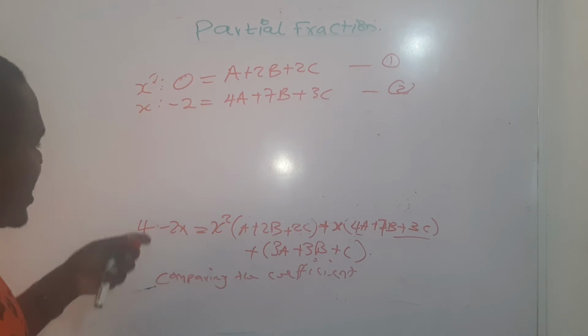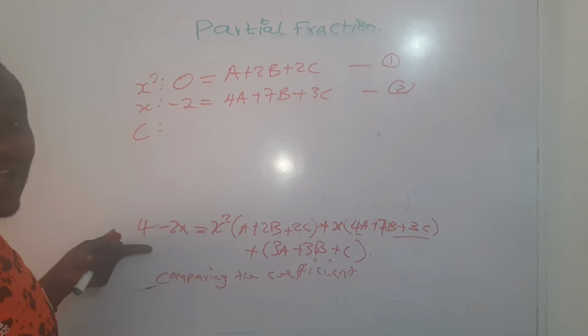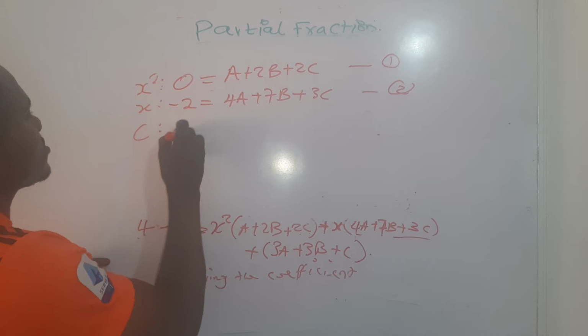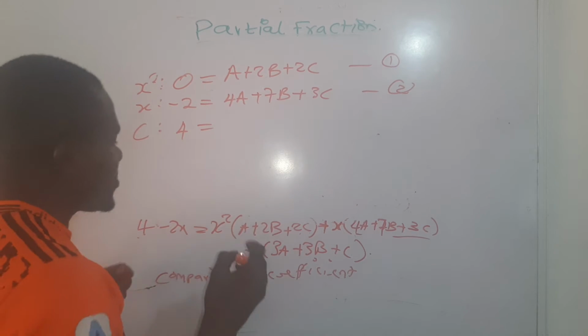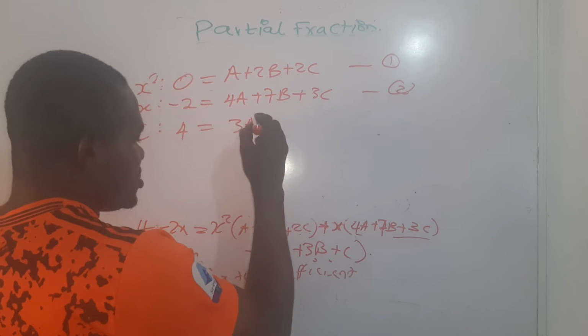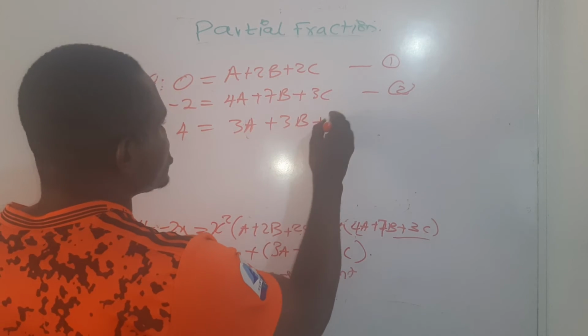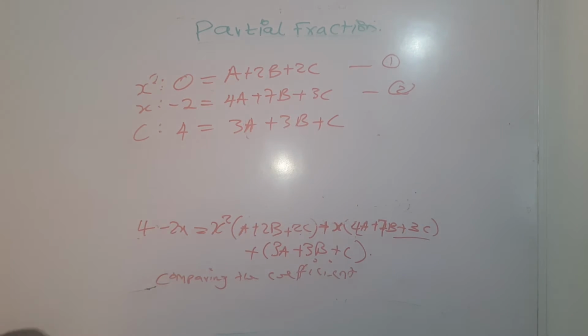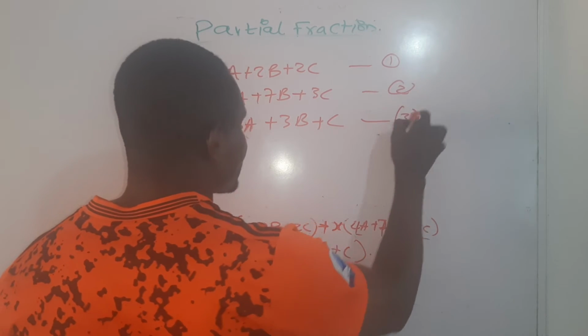Now let's look at the constant. On the left hand side, we only have 4 equals to, on the right hand side, we have 3a plus 3b plus c. You can call this one equation 3.